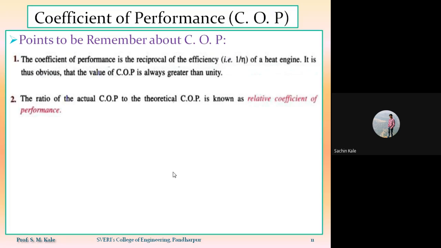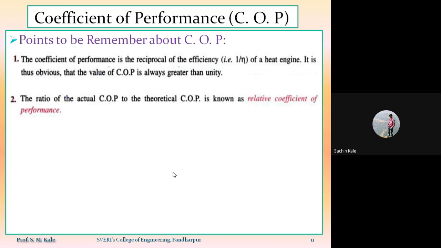But actual COP means, suppose we have a substance which we want to cool. We measure the initial temperature of that substance, and after cooling we measure the final temperature. That means we calculate how much actual heat is absorbed from that substance, and how much actual work we need to supply for that purpose.